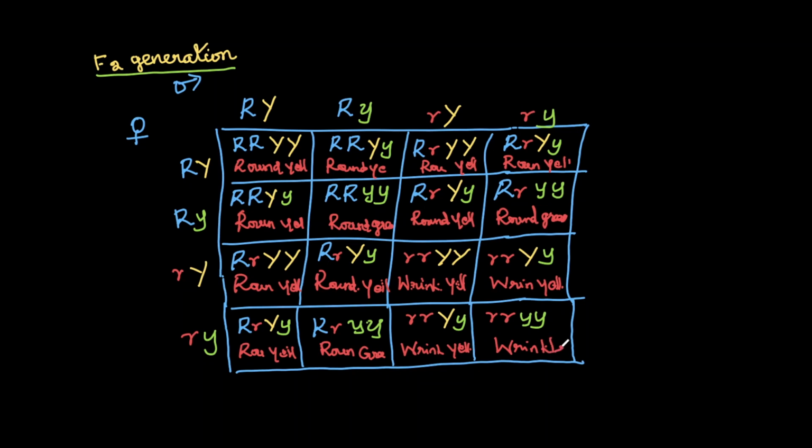So these are the ways you will get 16 individuals.